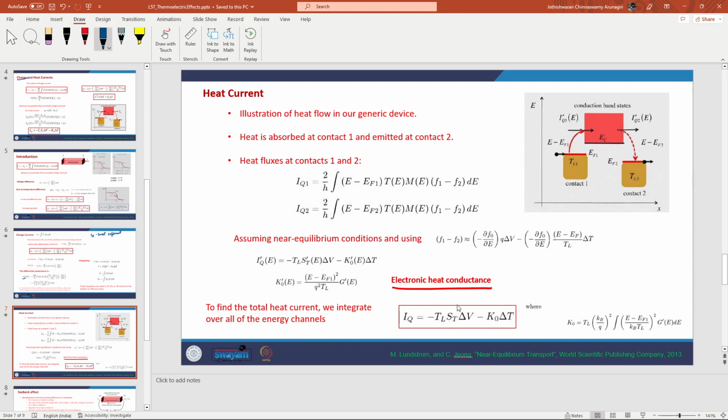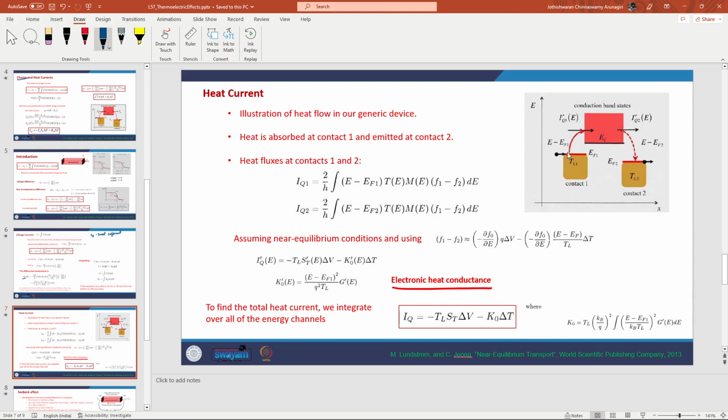In this case, again the Seebeck coefficient shows up. However, we also have the K naught delta T, which comes from the Taylor series expansion with respect to the temperature. So this is how we shall write the heat current.